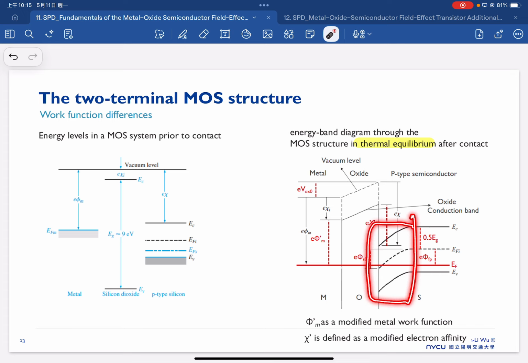That's why in several slides we mentioned that we can intentionally apply a certain bias to make this flat, and that's what we call the flat band condition. But if we don't apply the flat band condition, originally there could be band bending if we just put the metal oxide semiconductor together.